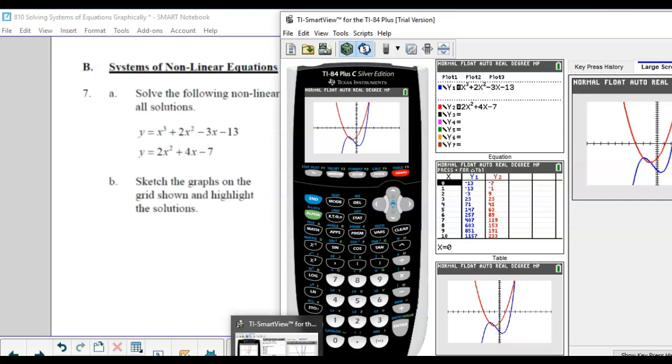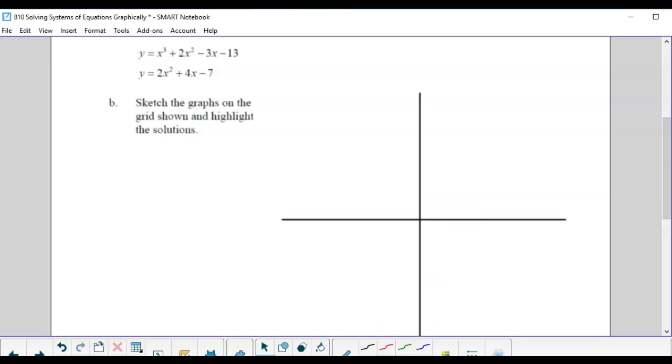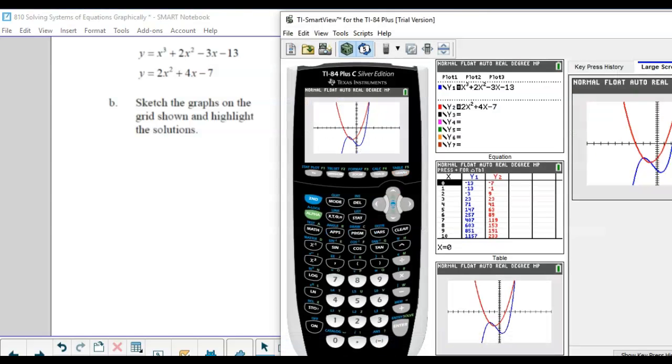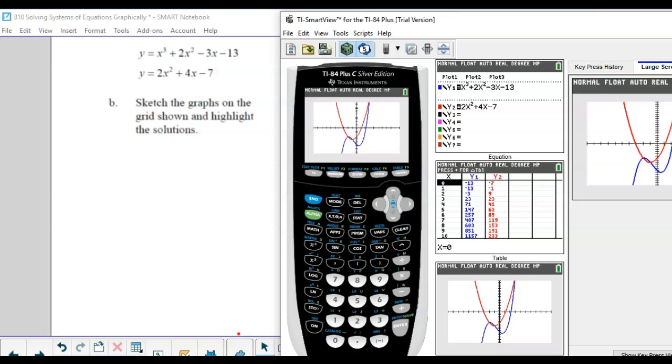So let's see. I'm going to move this down a little bit. It's a little bit hard on the tablet. So it's not perfect, but it's close enough.